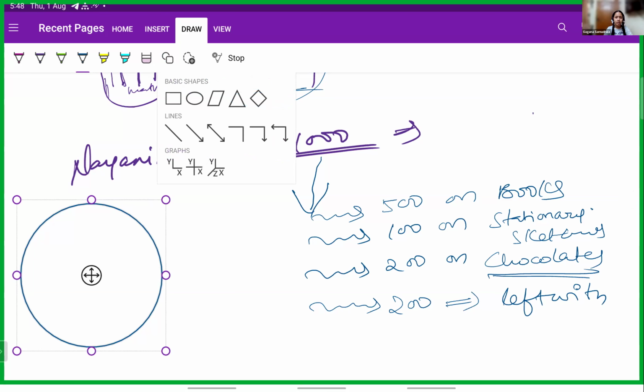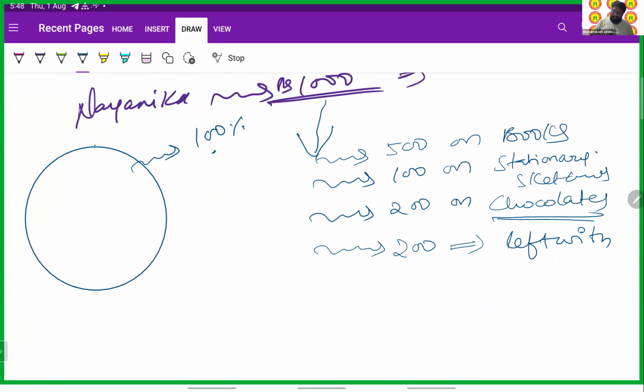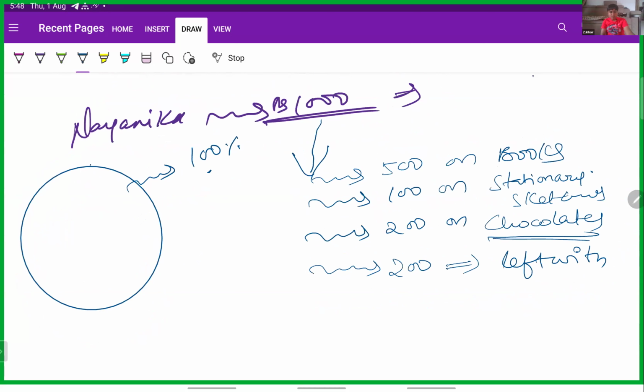Half of the money, correct. The whole pie chart represents 100%, so half means 50%, a semicircle.